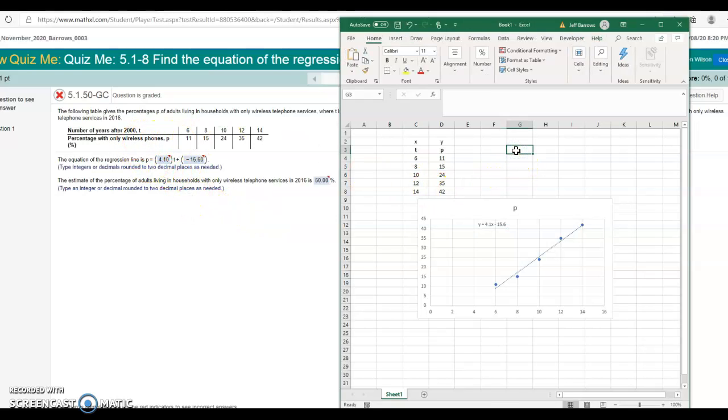The math on that is 4.1 times 16 minus 15.6, and it looks like it's about 50%, and that's the number they're looking for here.